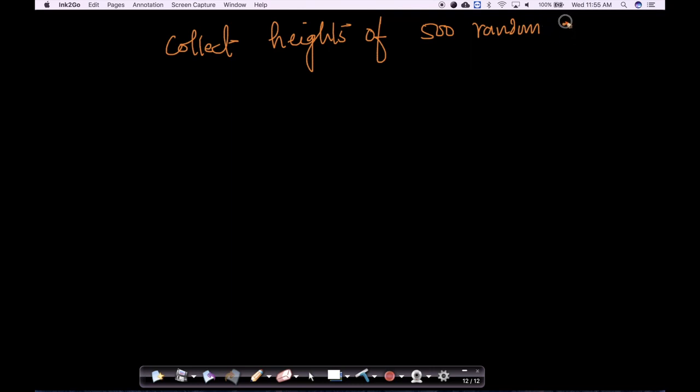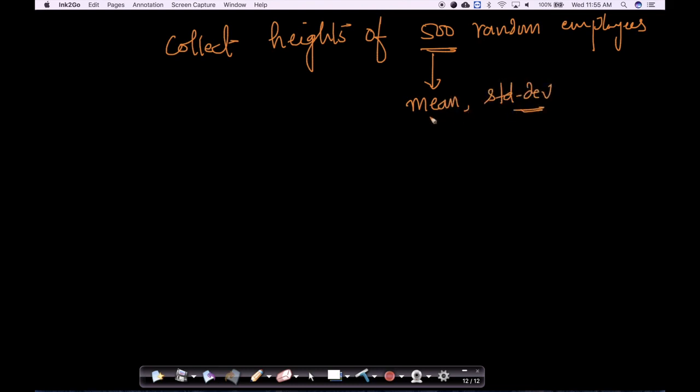And the way we will use it is that we will collect heights of 500 random employees. Let's just say I try to do this. Okay, so I have 500 heights. From these 500 heights, I will try to estimate the mean and standard deviation.